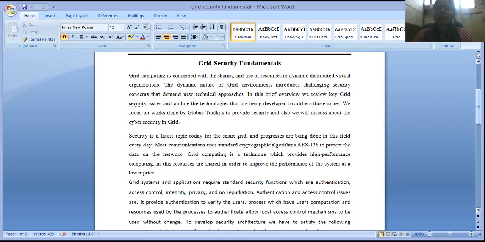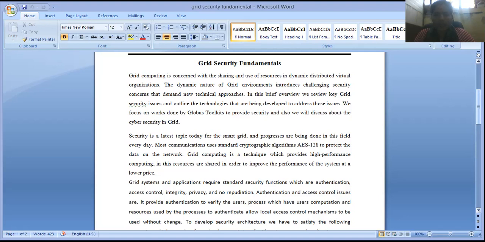The dynamic nature of grid environments, whatever environments in which you are using grid computing services, introduces challenges in the security area that demand new technical approaches. By using various new technical approaches, you secure your data, as the challenge of security is increasing nowadays.